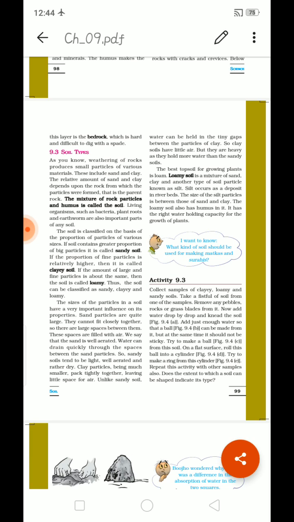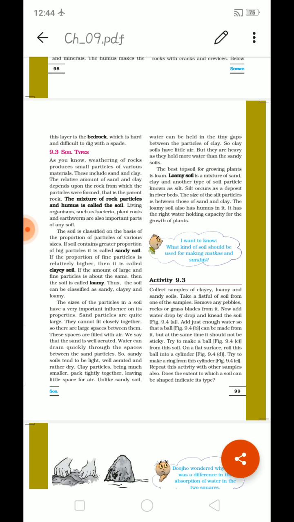And the third one is loamy soil. It is the best topsoil for growing plants. It is a mixture of sand and clay. And another type of soil is silt. How can you see silt? Silt can occur as a deposit on river beds. Have you ever gone to a river?